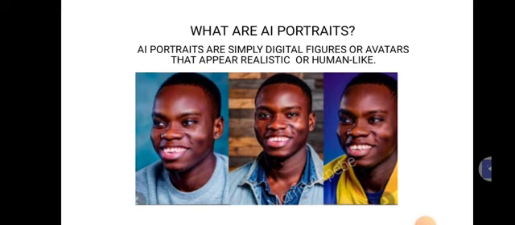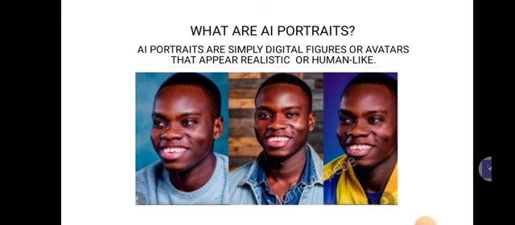So what is AI portrait? It's very simple. AI portrait is just a tiny portion of AI. AI is very broad, but AI portrait is just a tiny portion of it. So AI portraits are simply digital figures or avatars, or we could call them pictures, that appear realistic or human-like. This picture you're seeing here is my picture, but it was AI generated.